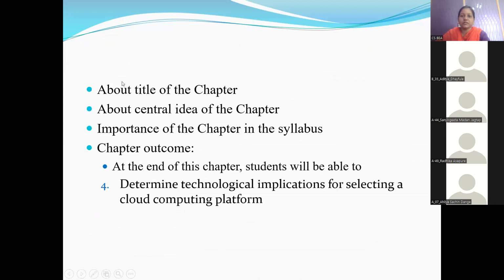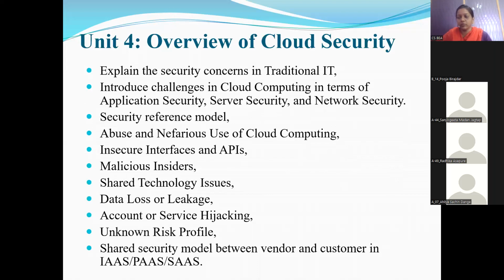About central idea of the chapter, that will be the same. That means we are going to cover up all the details related to the cloud data security over here. So from all the concerns, that is whatever the applications that are provided from this cloud based platform, then whatever the servers provided for the data replication or that kind of things, that means how you are going to save your data.